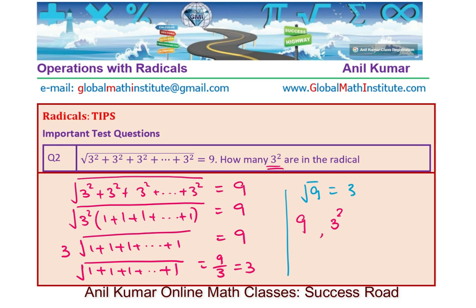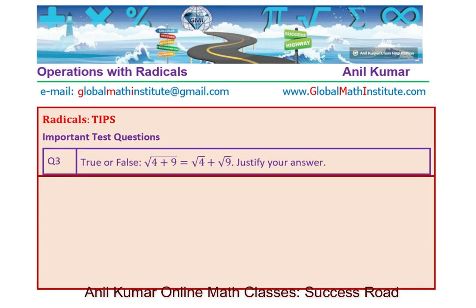Interesting? Let's take question number 3 now, which is a true or false statement. So we want to figure out whether it is true or false, right? The statement is square root of 4 plus 9, or we are looking at square root of 4 plus square root of 9.